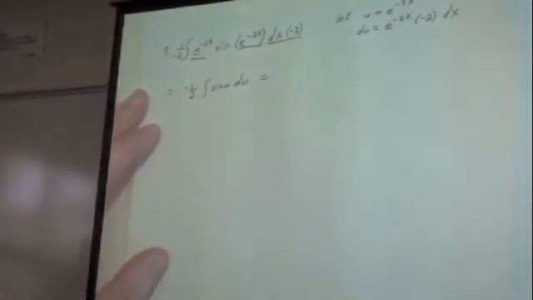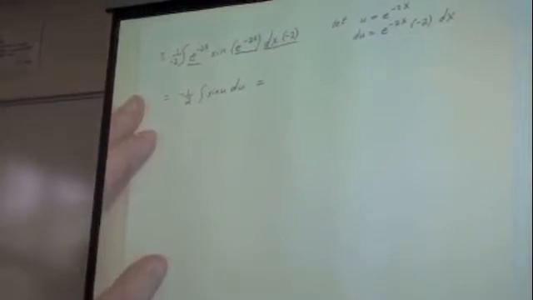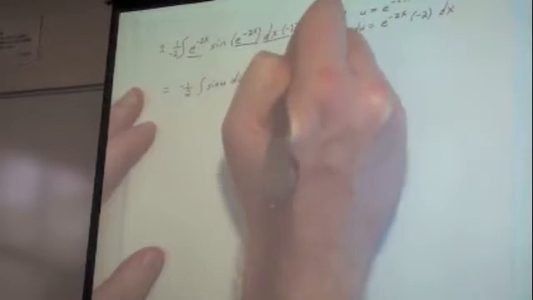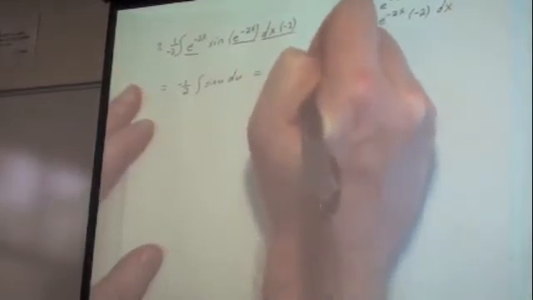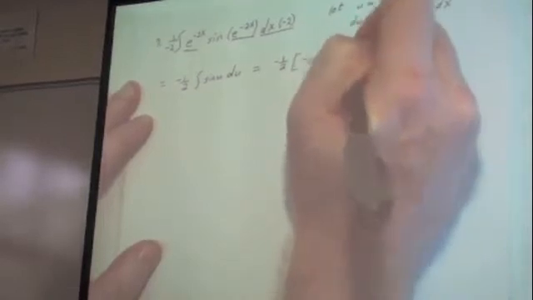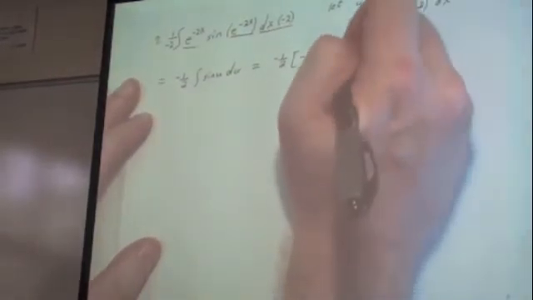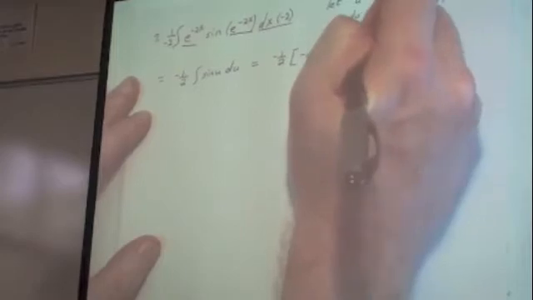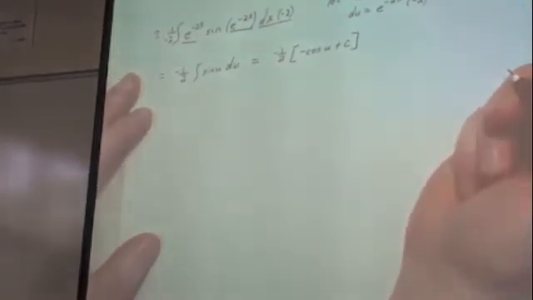We know that the derivative of sine is cosine, but the integral of sine takes us back to a negative cosine. So this is going to be negative 1/2 times the negative cosine of u. And then I should go ahead and put my plus c, since this is an indefinite integral. So this is going to give me positive 1/2 cosine u plus c.